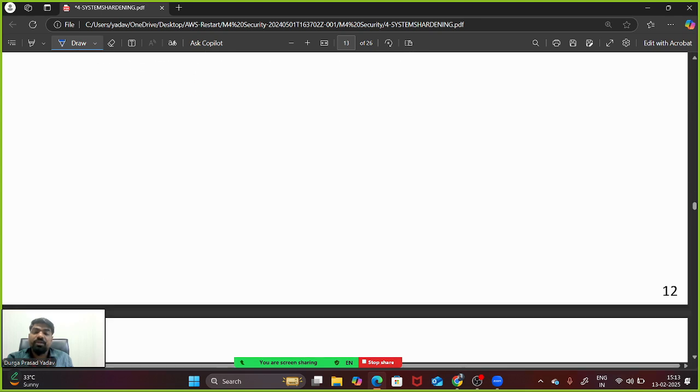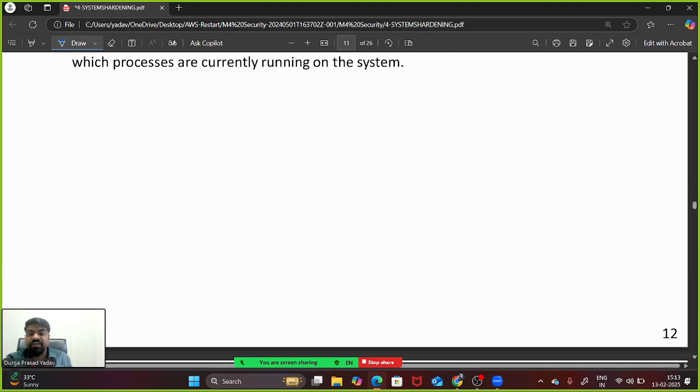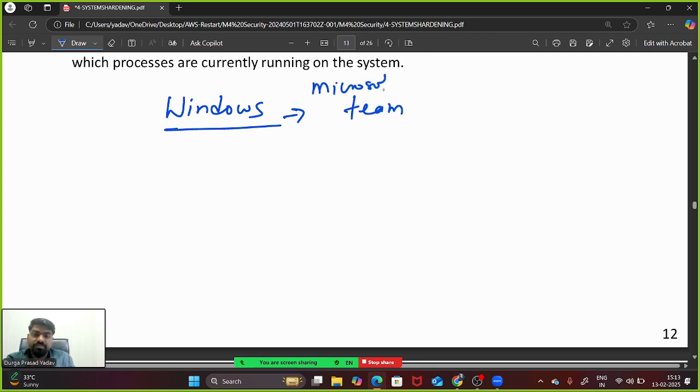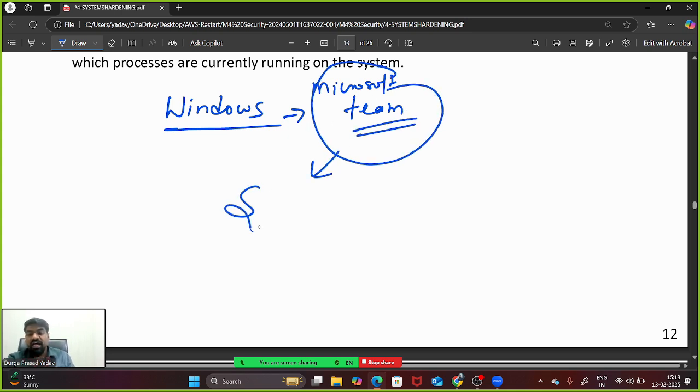There are a few such applications in Windows also. For example, in Windows, if you are using Microsoft Teams, generally it starts when your system starts up.